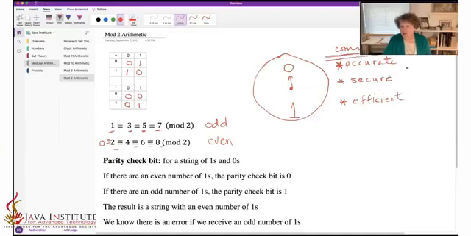And modular arithmetic, and I'm going to show you in a minute how mod arithmetic can help with accuracy. But mod arithmetic is used for all 3 of these things. Accuracy, we have check digits, error correcting codes. You've probably heard of those.